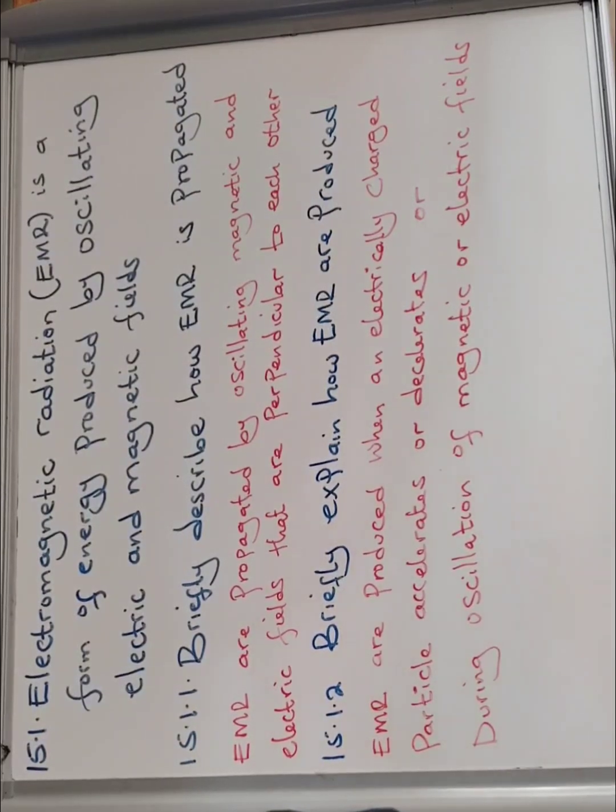So that is that. EMR are produced when an electrically charged particle accelerates or decelerates, or during oscillation of magnetic or electric fields. Okay, let us go to the next question.